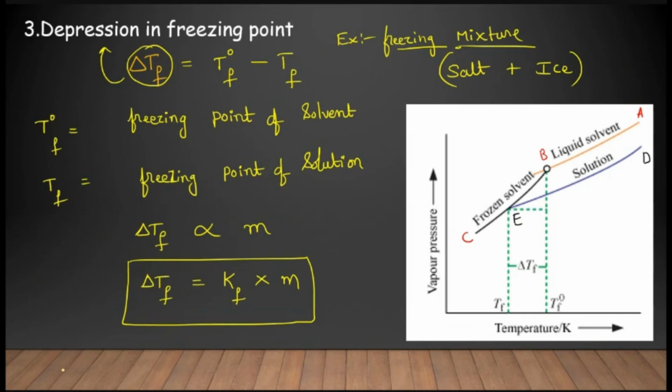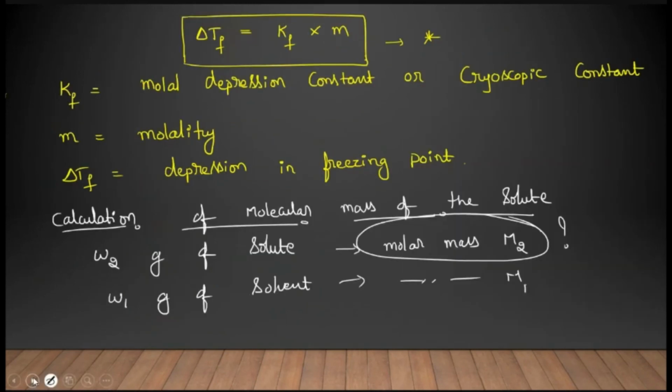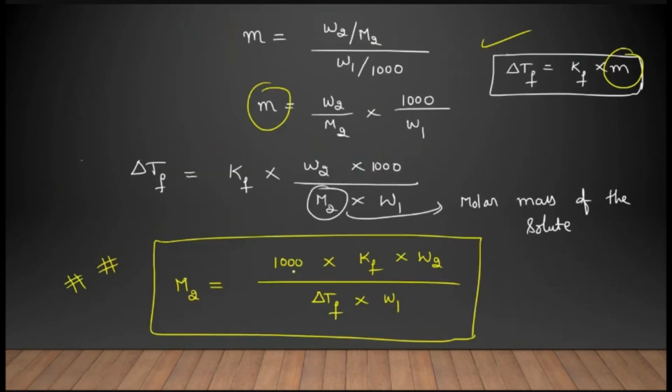Here also we got a different constant, that is Kf, the cryoscopic constant. Finally we got the equation M2 is equal to 1000 into Kf into W2 divided by delta Tf into W1. We use this equation when we don't know the molecular mass of the solute, to find out the molecular mass of the unknown solute.